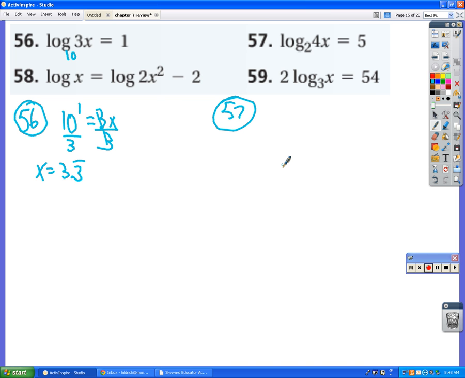Let me do the next one. Number 57, you would rewrite it as 4x equals 2 to the 5th. This number to this power equals this number right here, because that's what log means. Log means take this number, raise it to this power, and set it equal to that. 2 to the 5th would be 8.